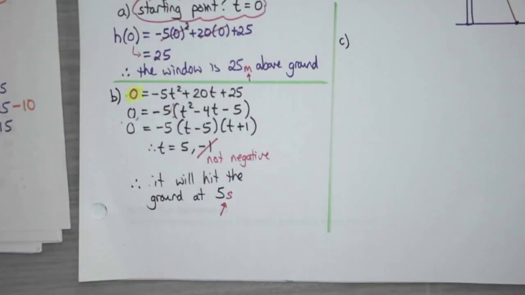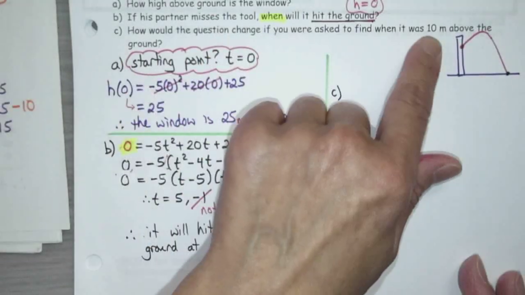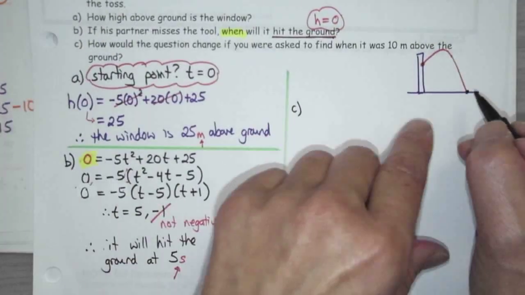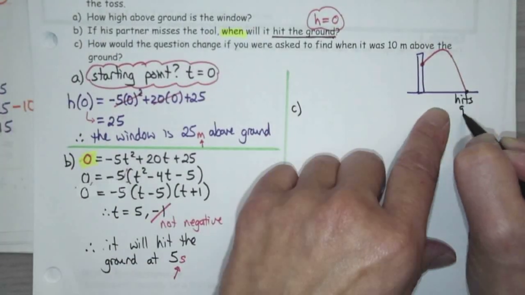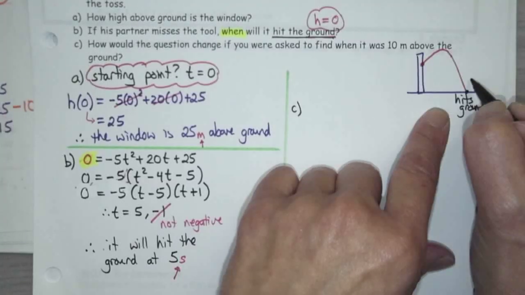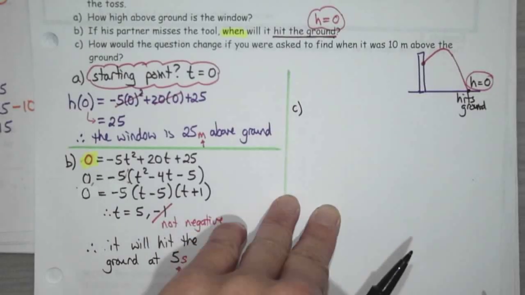Yeah, stop me with questions. So C, how would the question change if I asked when it's 10 meters above ground? Here I asked when it hits the ground. Hits ground means H equals 0, right? So that was H equals 0 for hits ground.